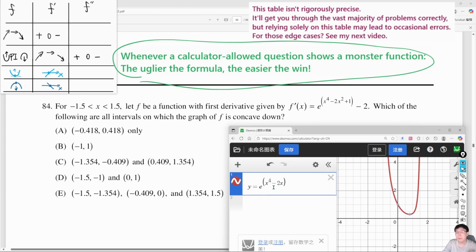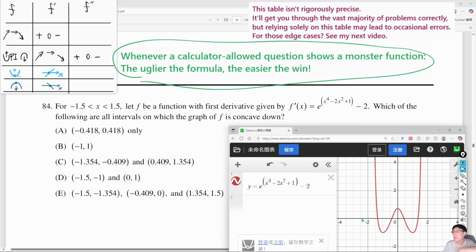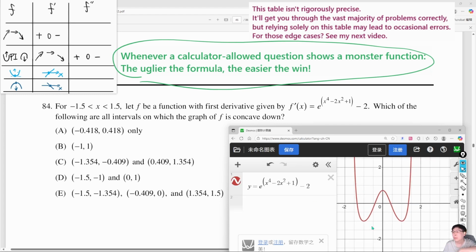From 2025, Desmos is allowed in the exam. That's pretty good news. You do not need to buy the very expensive calculator TI-84, TI-Nspire, or etc. Okay, now we have the formula of f prime, then we have the graph of f prime.